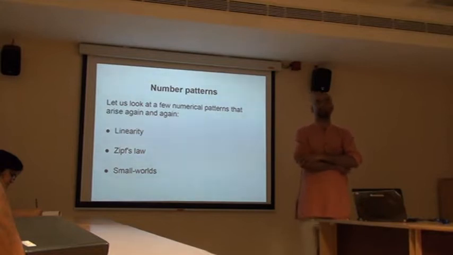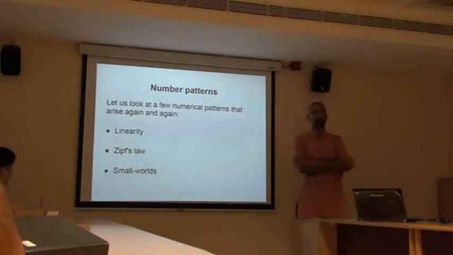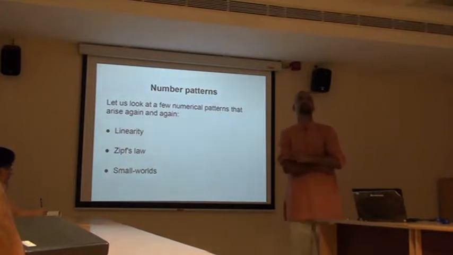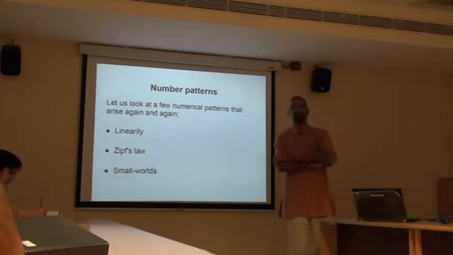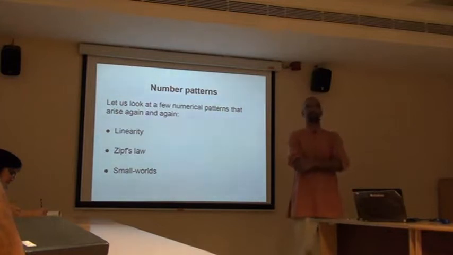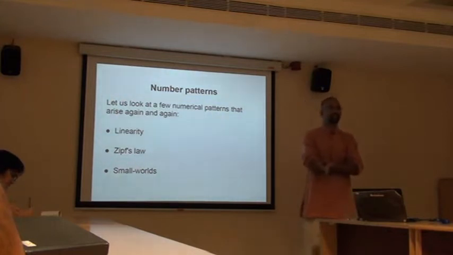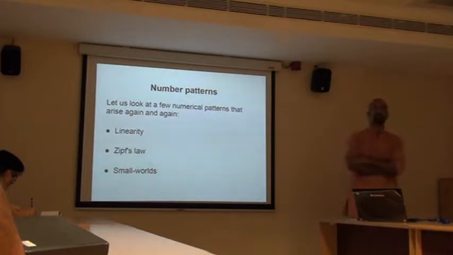That is to say that given a rank n and a rank n plus 1, the ratio of the frequency of the word of rank n to the word of rank n plus 1 is 2. So it occurs twice as often. "The" occurs twice as often as the next one, and so on and so forth, until, of course, it bottoms out at 1, because if a word never occurs, then it doesn't exist.